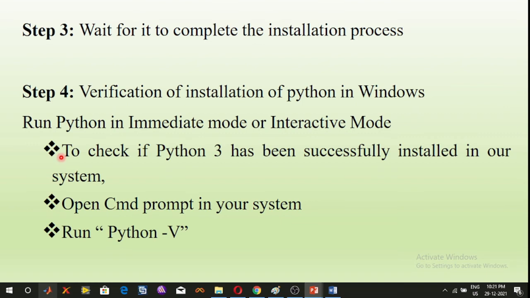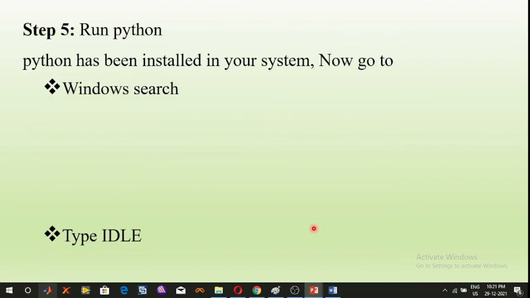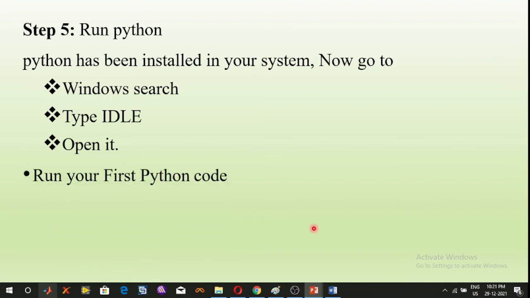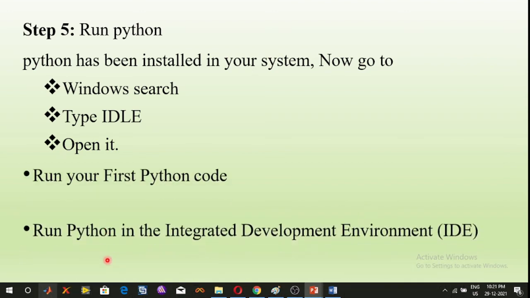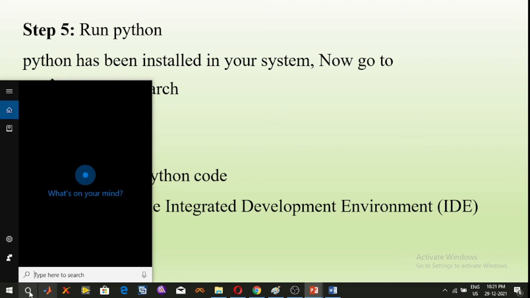Next, step 5, run Python. Python has been installed successfully in your computer. Now go to Windows search. In Windows search, type IDLE.